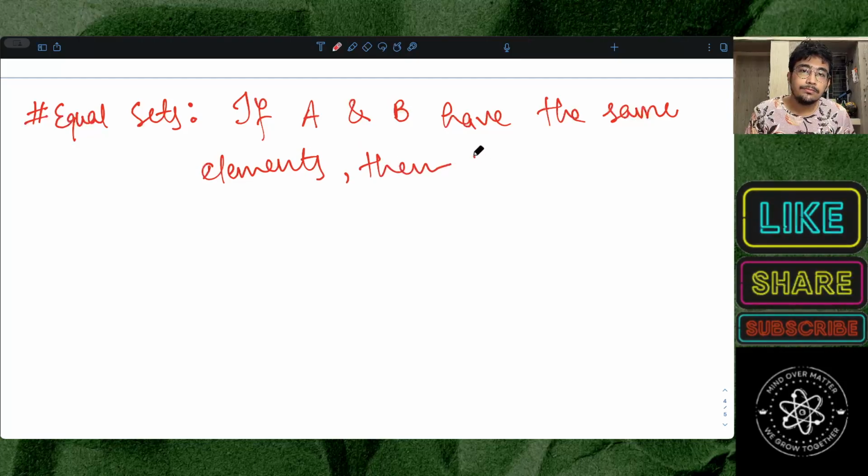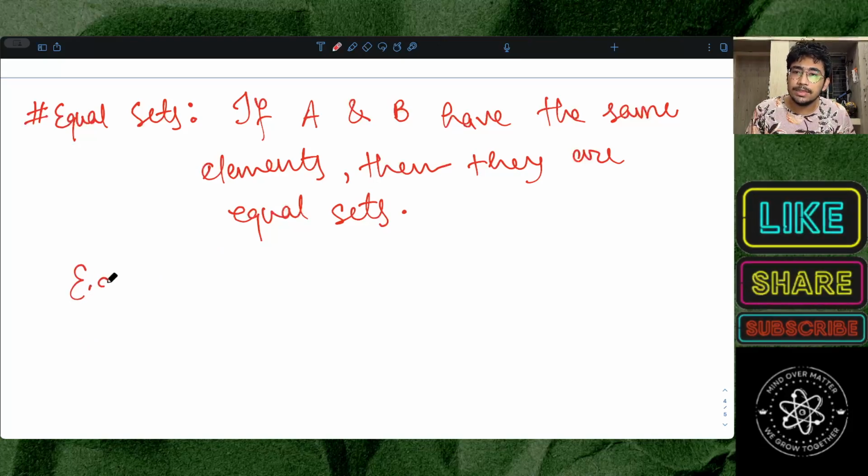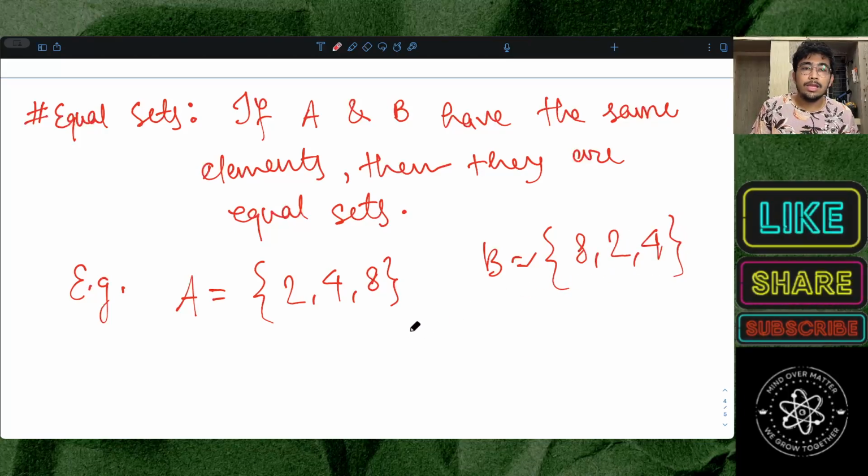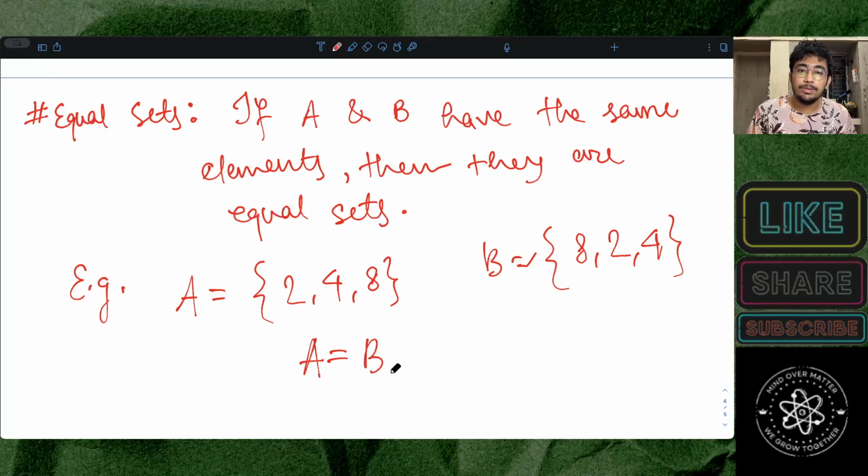A very simple example: suppose A is {2, 4, 8} and B is {8, 2, 4}. They both have the same elements. They both have 2, they both have 4, they both have 8. So they are the same, and we can denote them with equal to, A equals B.